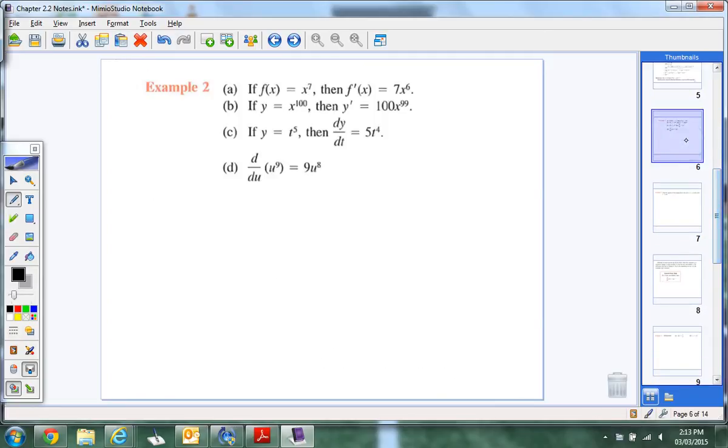So let's get to some examples here. These are quick examples. They're already on here, which isn't as fun. The derivative of x to the 7 is 7x to the 6th. You drop the 7, now it's a 6. x to the 100 would now be 100x to the 99.